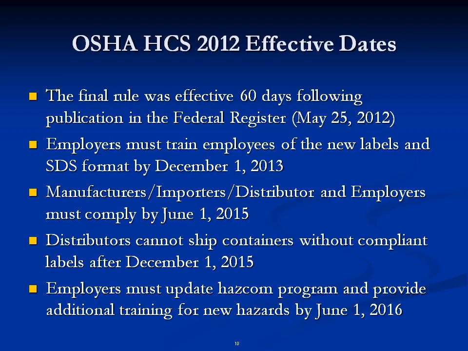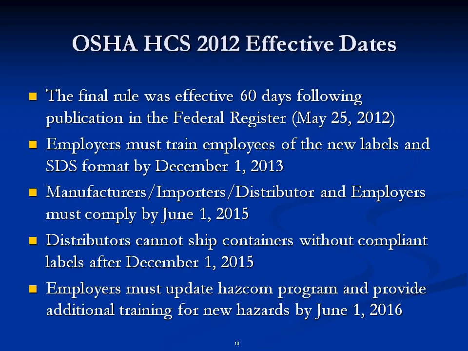And I should mention here that it's important for you to think about your distributors too, because distributors have another deadline which is December 1st, 2015, about 5 months after when you have to have all your labels and safety data sheets changed over. But they can't ship any containers without compliant labels after December 1st.